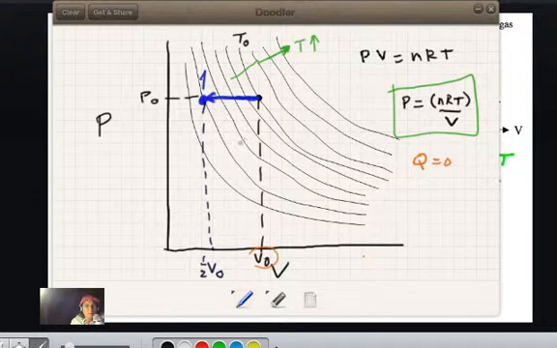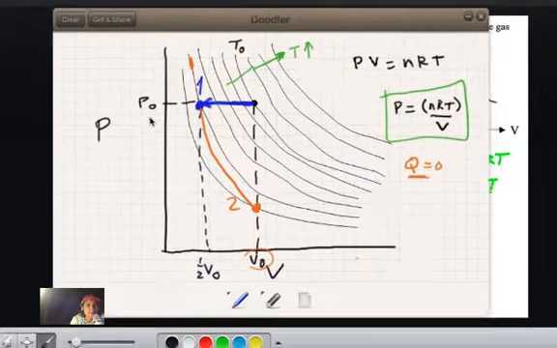So if we double the volume and there's no heat transfer, we know that we will lose temperature. So we'll get back to that same volume, but the temperature will be lower. So I'm just going to pretend like that takes us down to this dot right here. So that's step 2, the adiabatic expansion to the original volume.